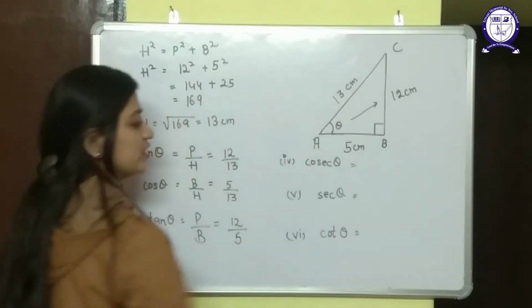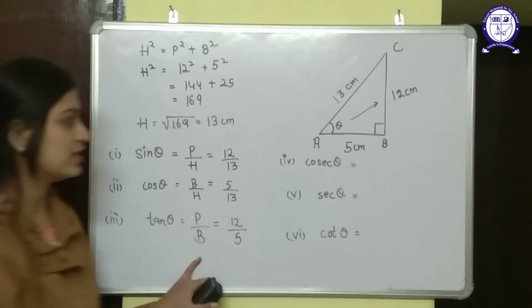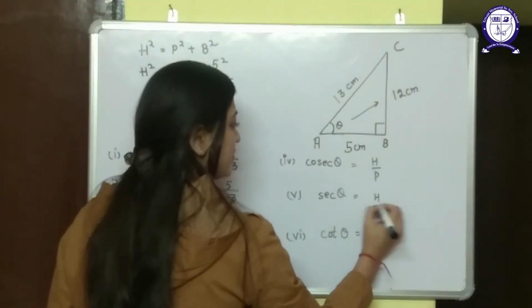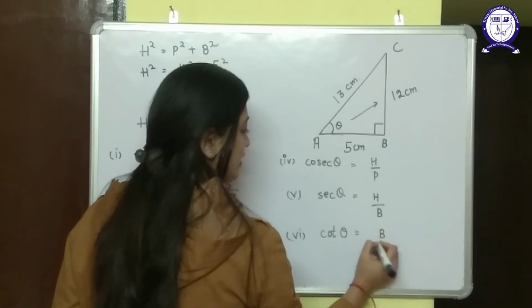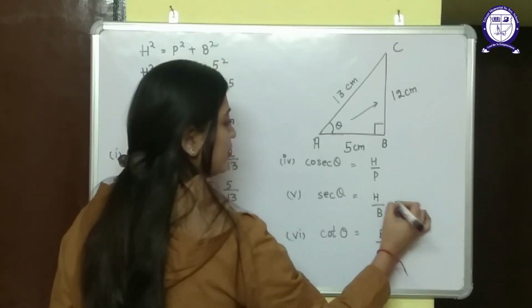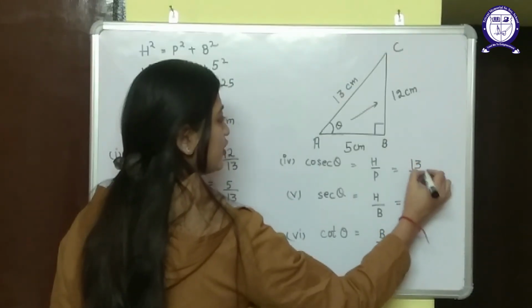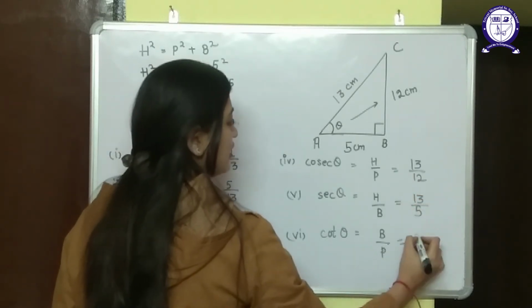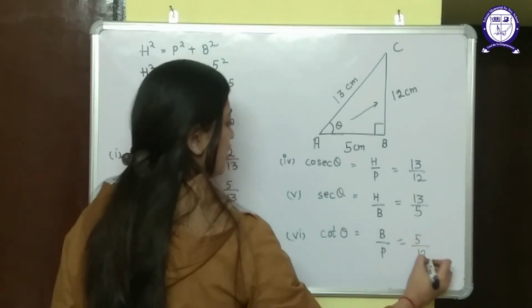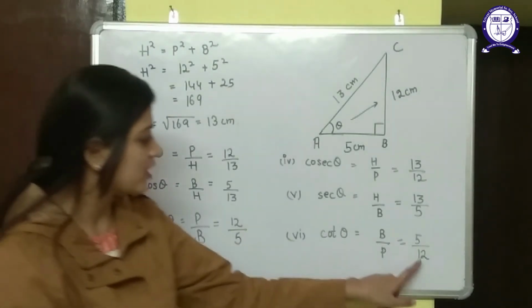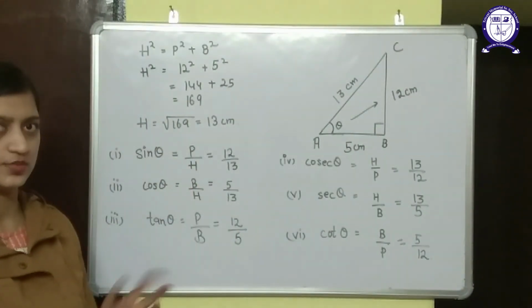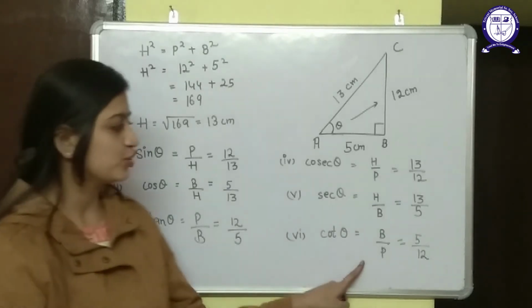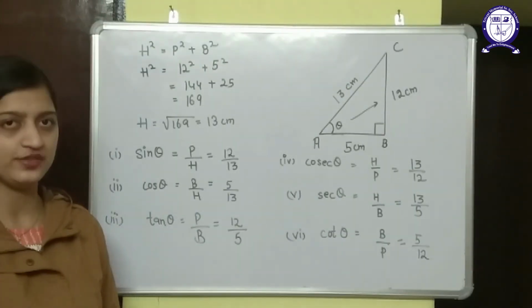Now the formulas are the reverse of the previous formulas, that is H by P, H by B and B by P. So now what will be the answers? 13 upon 12, 13 upon 5 and 5 upon 12. And you can see that these answers are the reciprocal of the previous answers because the angle is not changed. For the same angle, the ratios will be the reciprocal of the previous ratios.